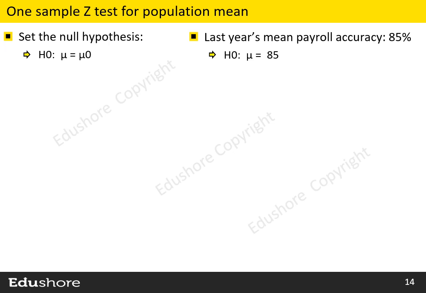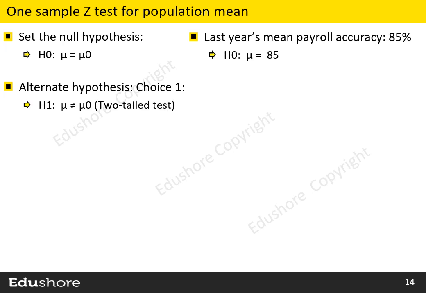The next step is to set the alternative hypothesis. As we have mentioned earlier, there are 3 choices. In other words, 3 possible alternative hypothesis scenarios. Here is the choice 1, or the first alternative hypothesis. It is stated as follows. H1 is mu is not equal to mu naught. This is called a two-tailed test.